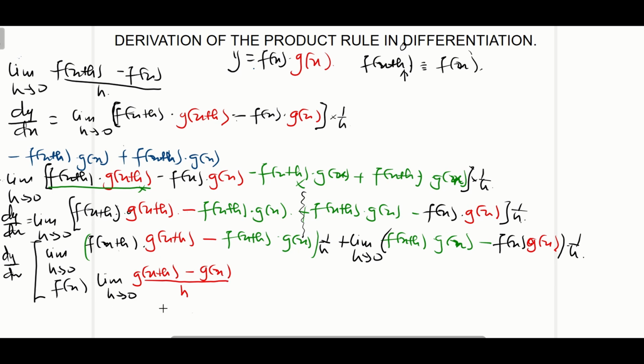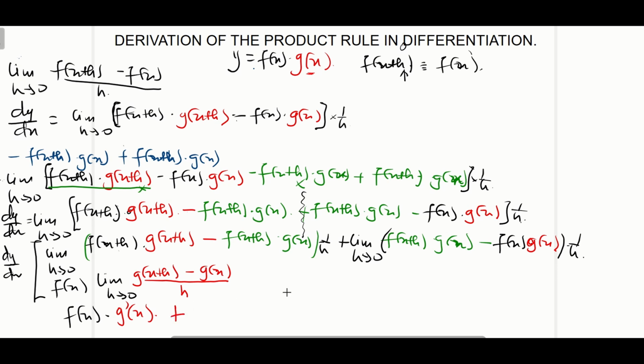The whole of this is the derivative of g. So it means that here we are finally getting our function f of x multiplying the derivative of this one, which is our g prime of x. So here we now have our g prime of x.